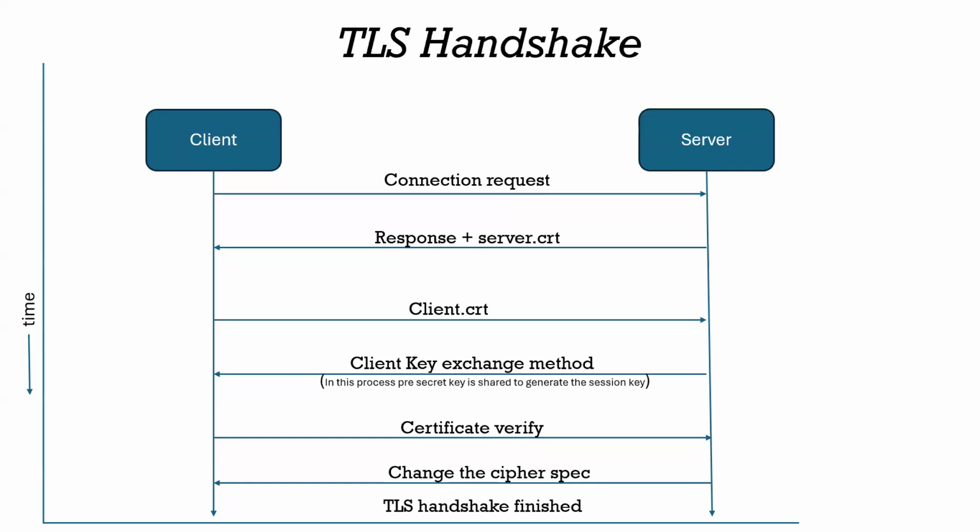This session key is very specific to this particular session. Like we are in a session now, for this particular session a specific key has been generated. Like we all are in a call now, if it is a secure one, it has been generated using that particular session key.